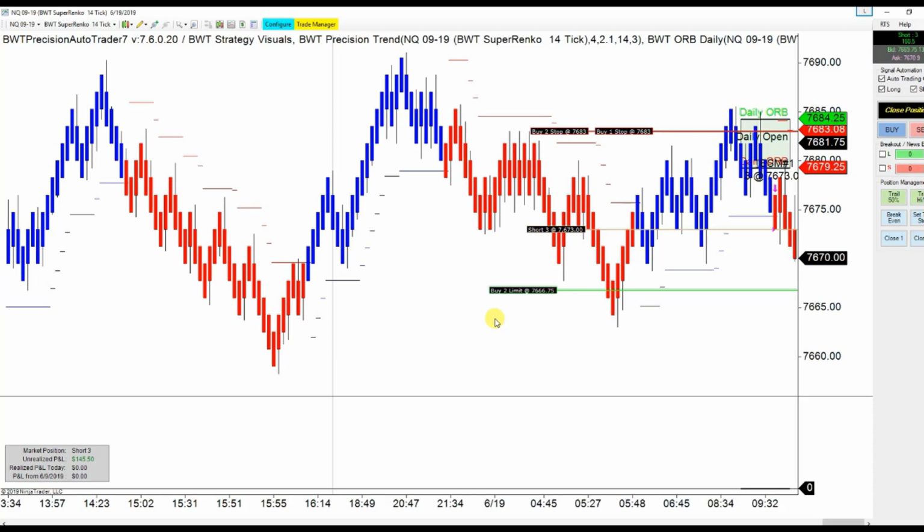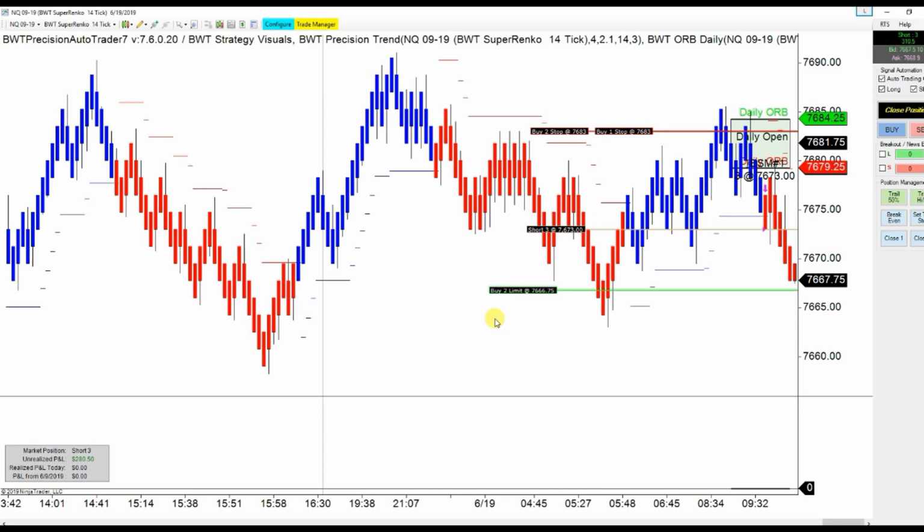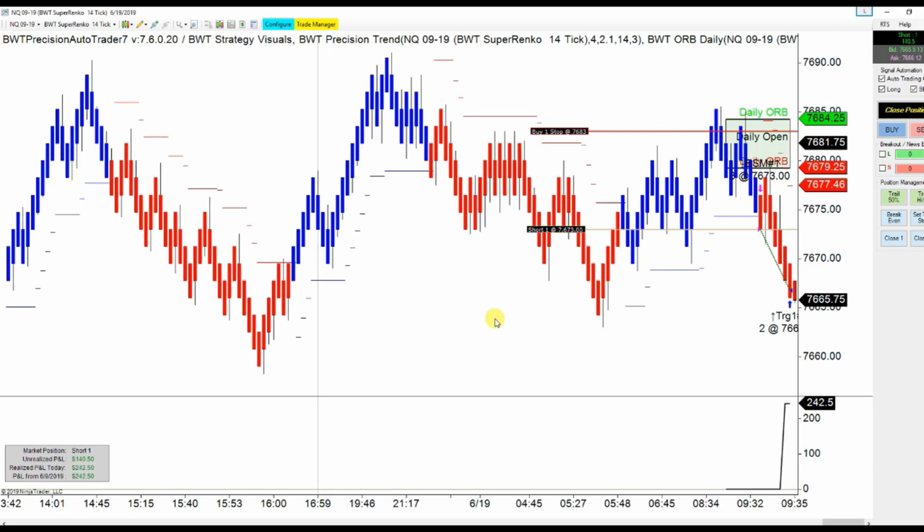By the way, in the other monitor, I have the setup from yesterday, if you remember, the 2-minute precision trend, and then the small chart, super ankle 4 tick with the auto trader, to take longs or shorts based on the 2-minute chart. Well, that 2-minute chart went negative. Okay, we got first target.